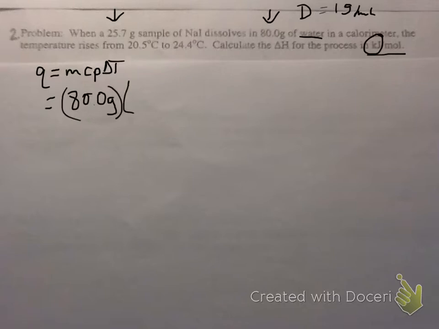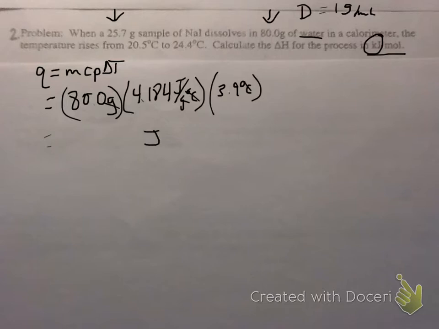Now the specific heat of water is 4.184 joules per gram degrees C. That is a constant that is given to you on your reference table. And then the change in temperature here is going to be 3.9 degrees C. When I do this, the answer is going to come out in joules, and I end up with 3 sig figs, 1310 joules.